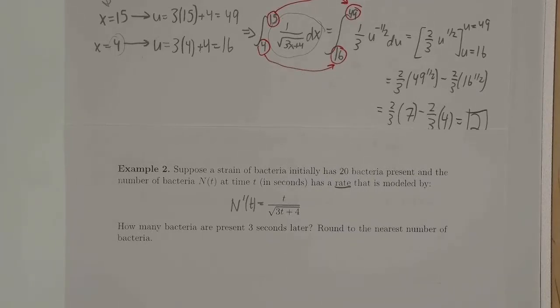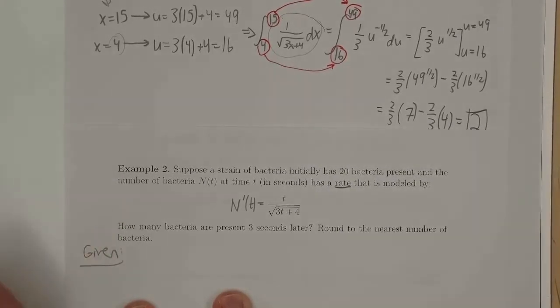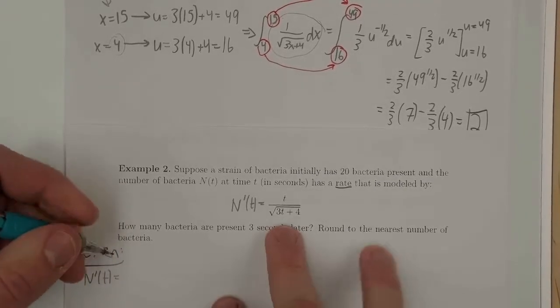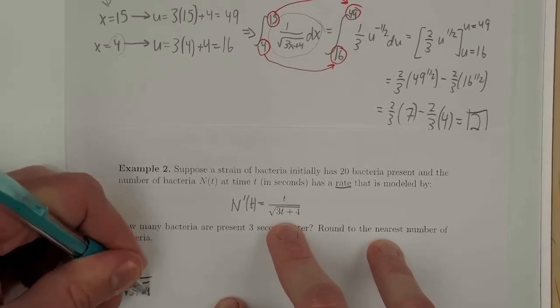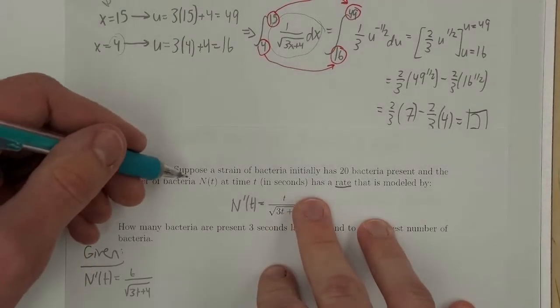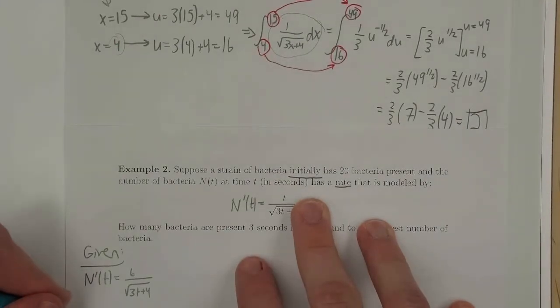Okay? So now let's take a look at what we're given and what we need to find. So we're given N prime of t, as we just stated, equal to t over the square root of 3t plus 4. And we're also given an initial data point, right? The strain of bacteria initially has 20 bacteria present.